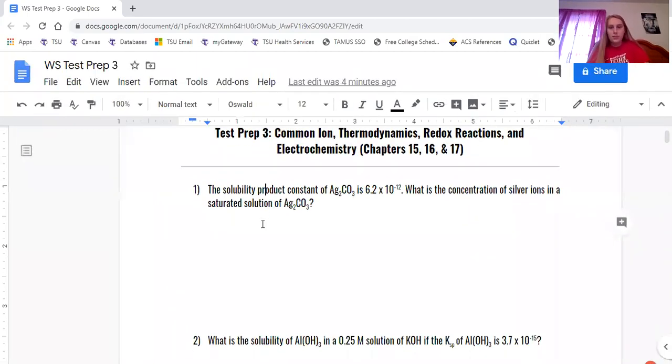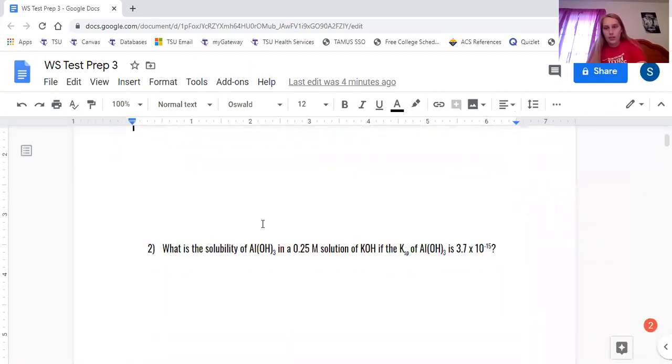First off, what is our equation going to be? That is what we need to look at here.